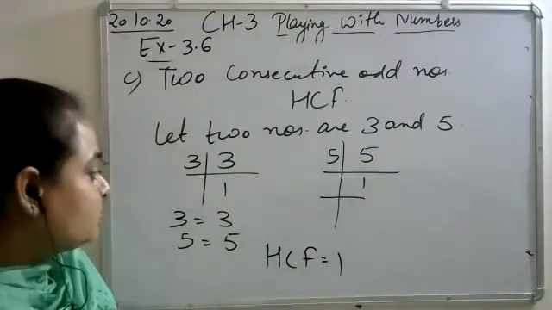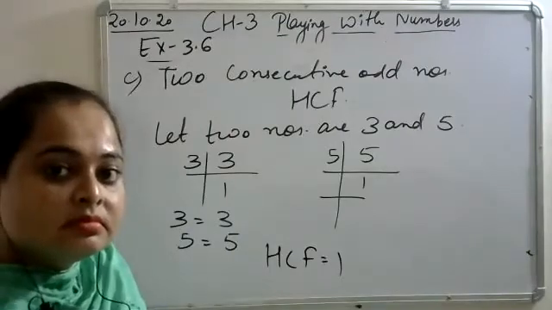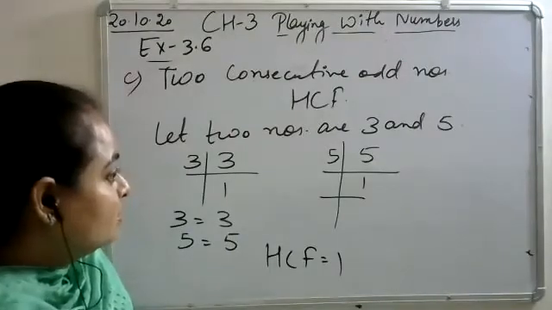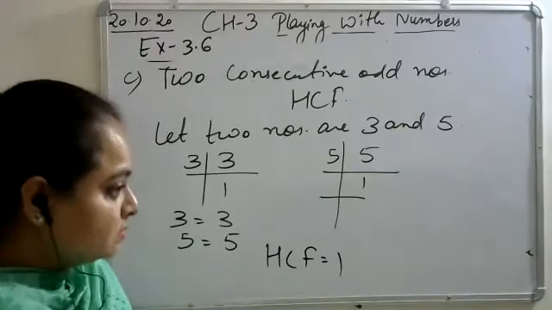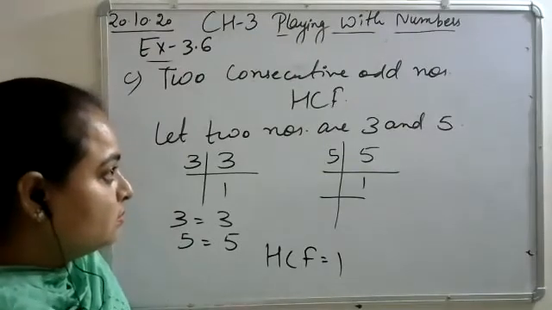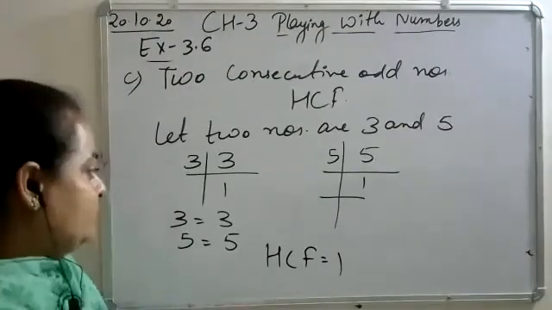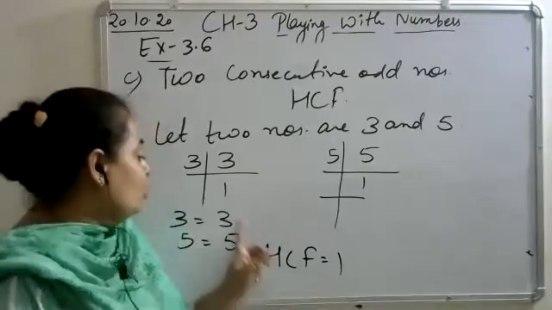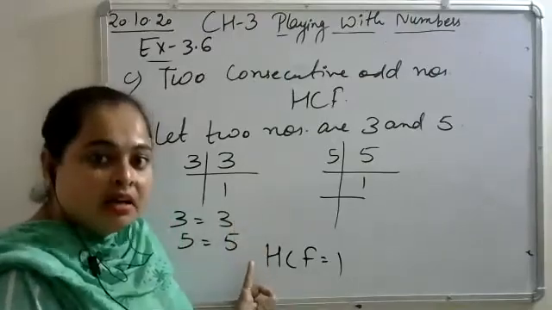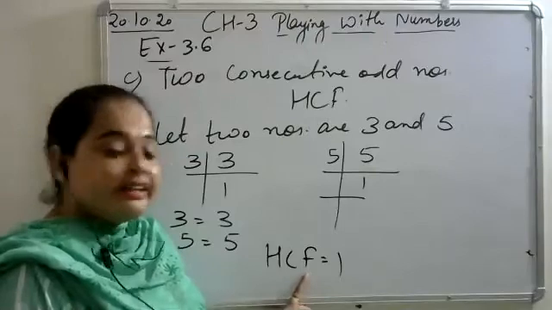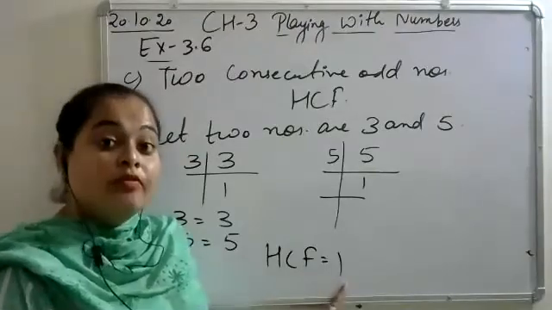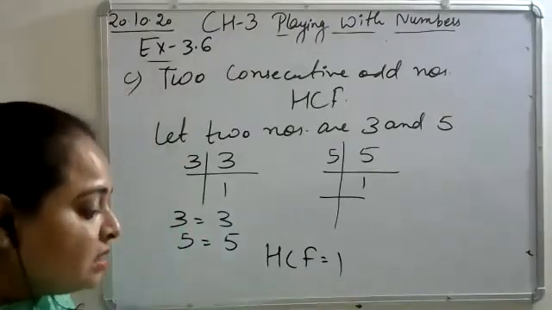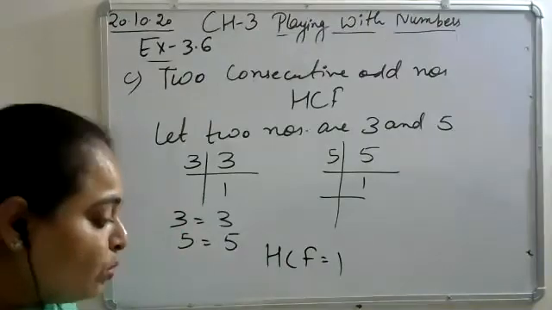Because there is no common factor in both. So if no factor is common, then you write the HCF equal to 1. Well done. Very good response.